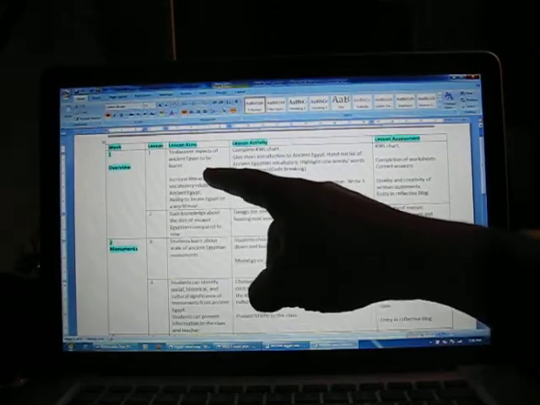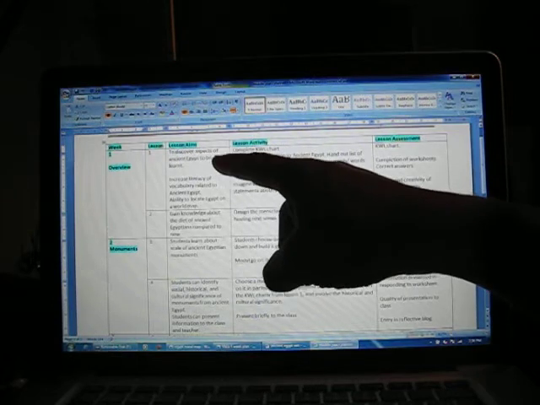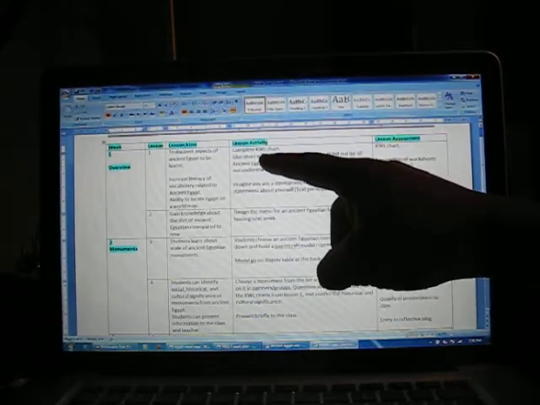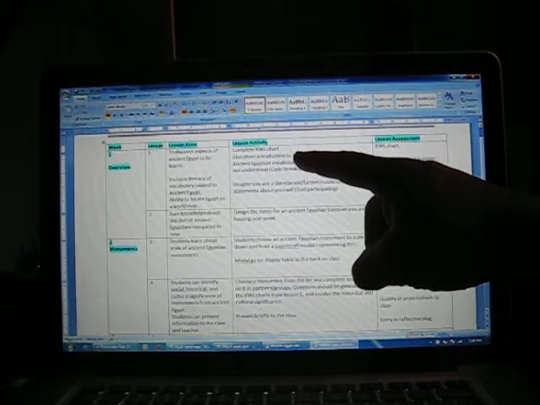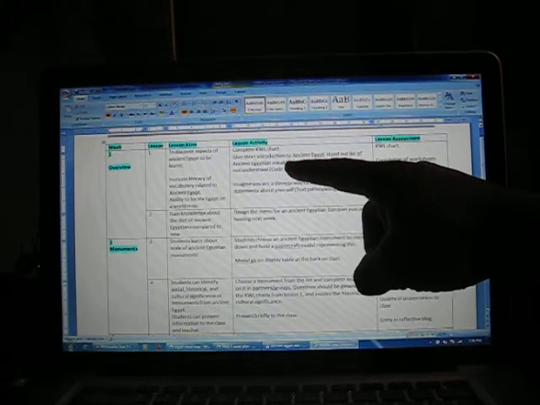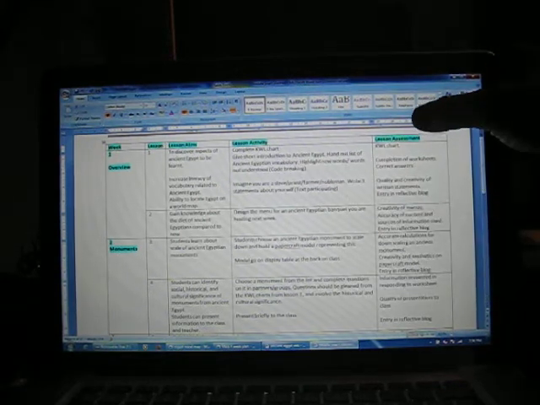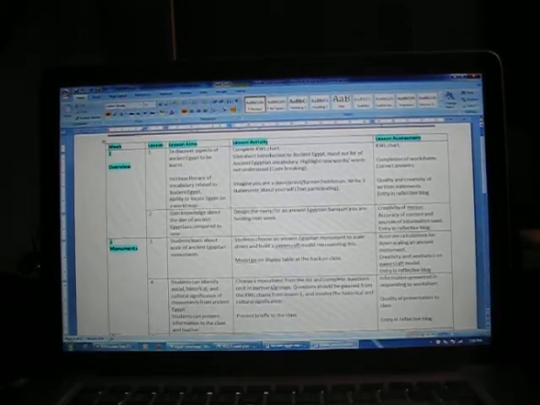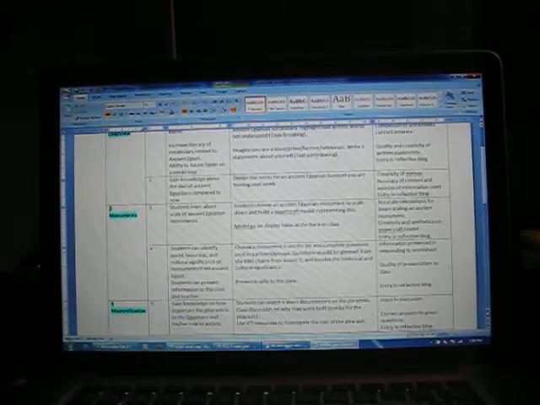In the first lesson they're going to discover aspects of ancient Egypt through using a KWL chart, a short introduction to ancient Egypt, a handout of ancient Egyptian vocabulary, and completion of worksheets.